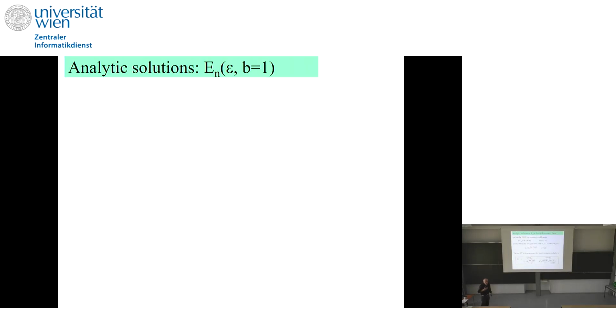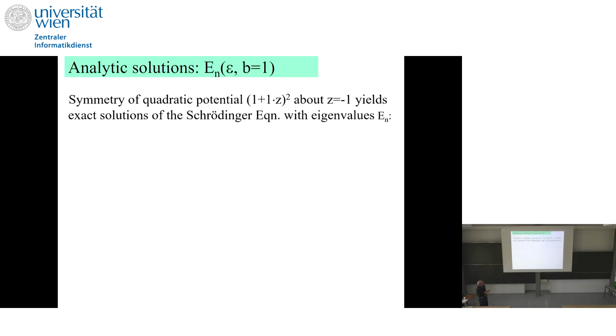Another case in which we have an analytic solution is the case when B is equal to 1. It's easy to explain why, because this potential, 1 plus 1 times Z, is symmetric about -1. Even though our domain is -1 to 1, if you extend the domain, like double it to -3 to 1, then you get symmetry.